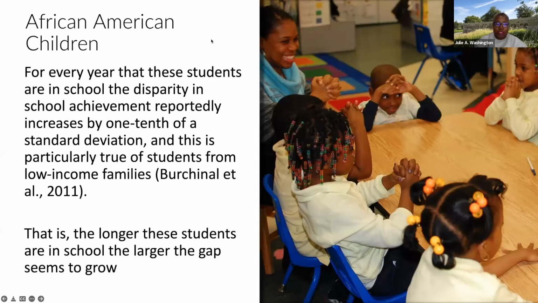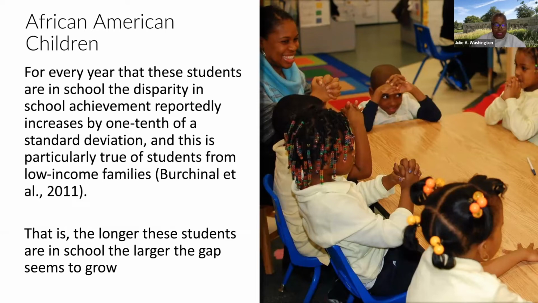So when we talk about the achievement gap, one of our major concerns for African American children is that it's not closing. And it has been longstanding. We talk about it as being intractable because it's just not changing very much.